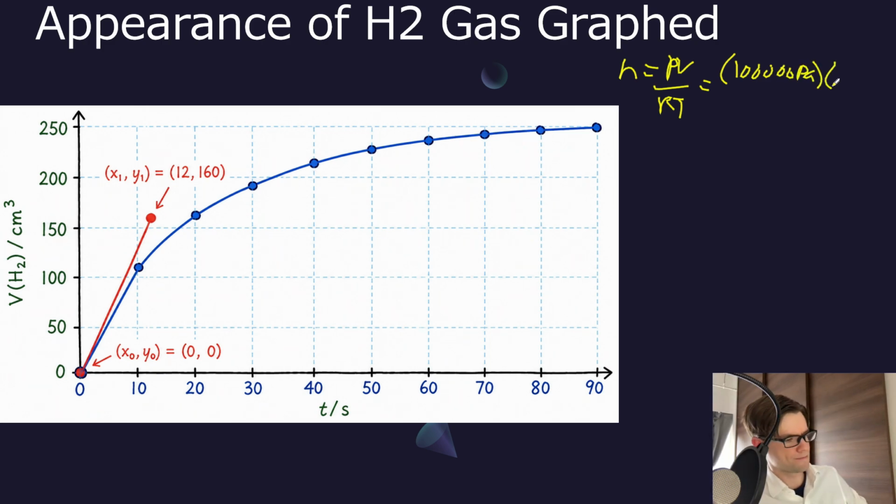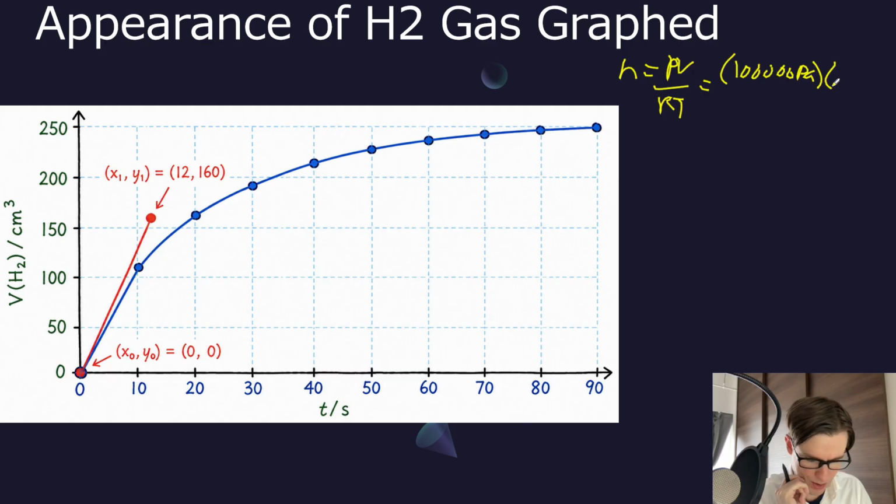Volume. Now we need to be a bit careful here. We're choosing a volume that's kind of a theoretical amount based on our tangent line here. So if our tangent line rate continued, how much volume would be produced at that point at 12 seconds?